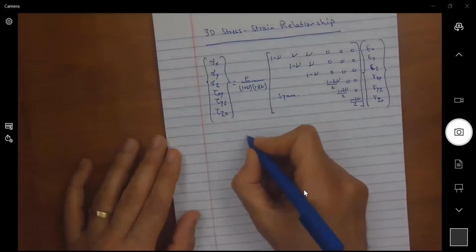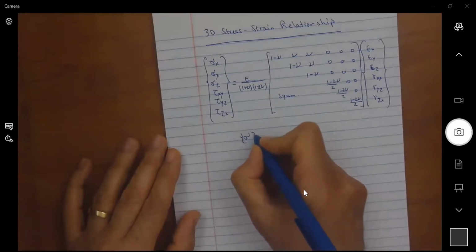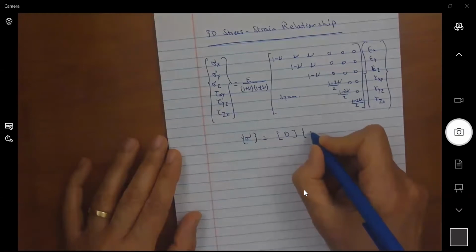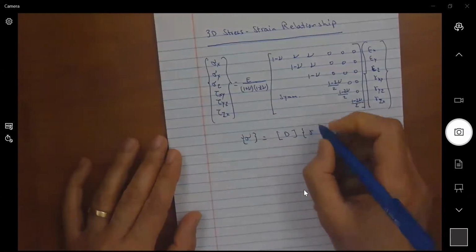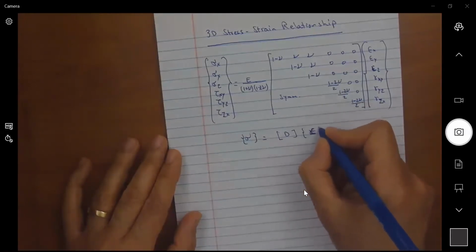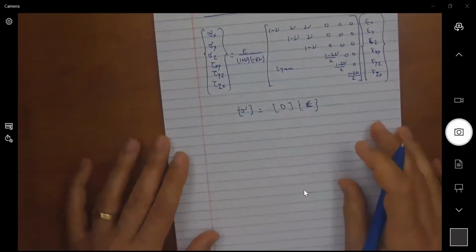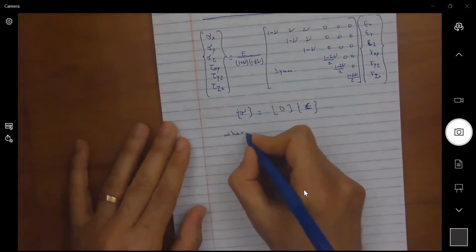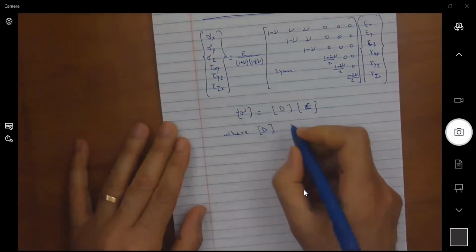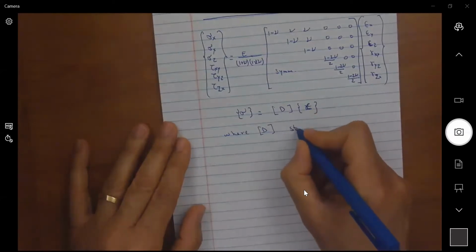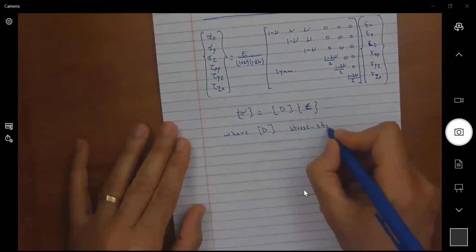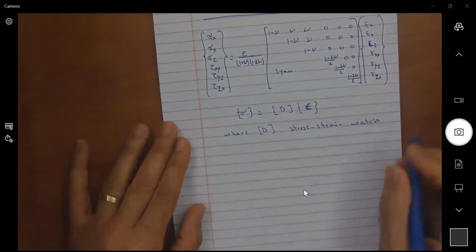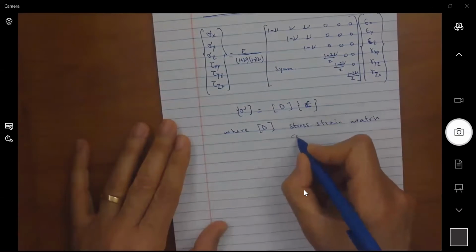This here may be written as sigma equal to D times epsilon, where D is known as the stress-strain matrix, or the constitutive matrix.